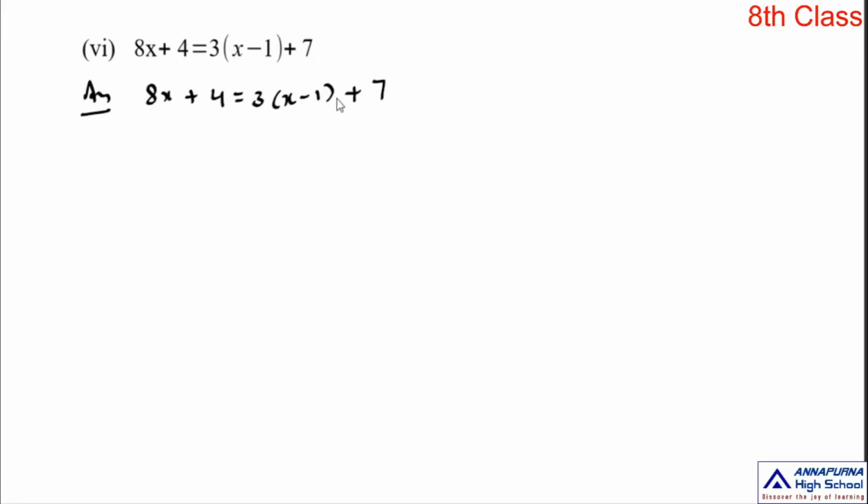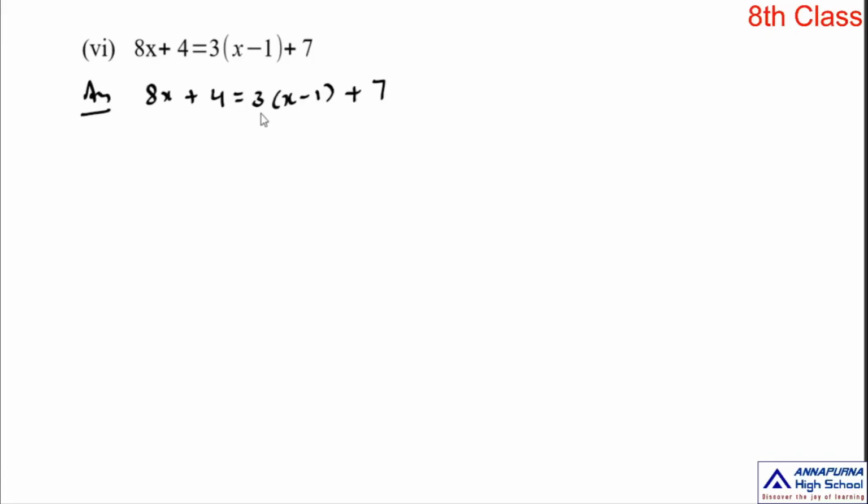Why? Because in the first step to solve an equation, we first simplify the left side part and right side part separately. On the left side there is no simplification, because there are only two terms: one is an x term and another one is a constant term.